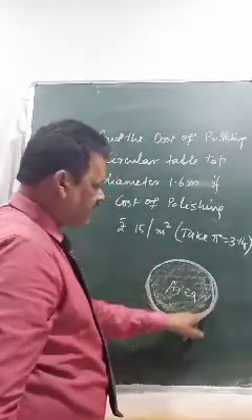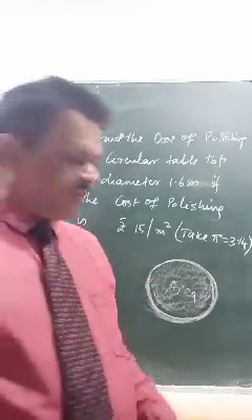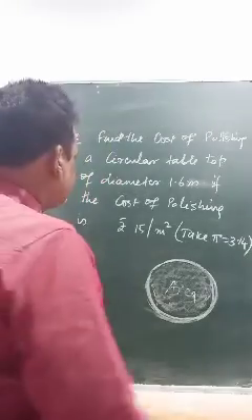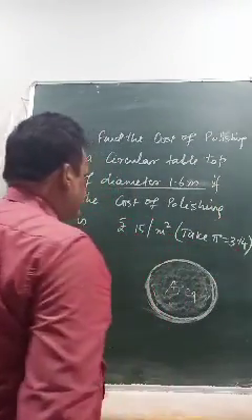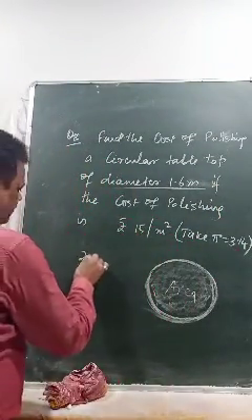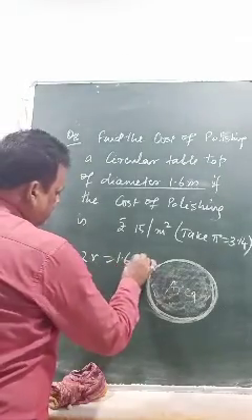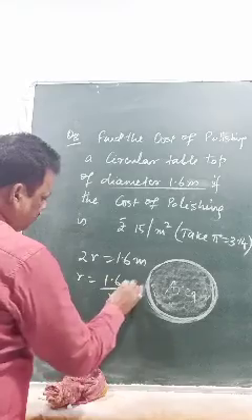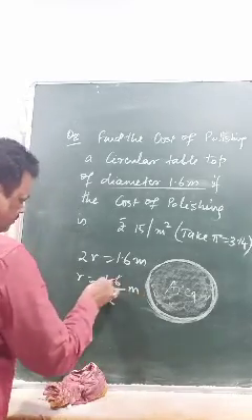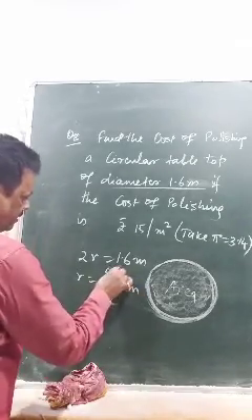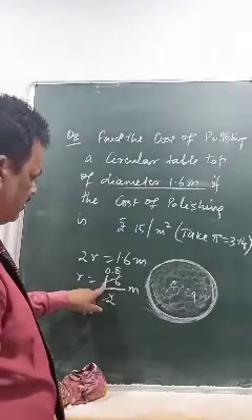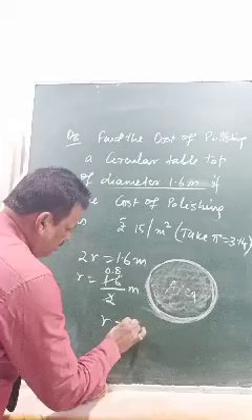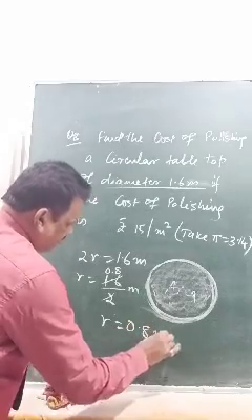That means you should find out the area of this table, then multiply by 15 rupees. So what is the radius? Diameter is given as 1.6 meter. So r is equal to 1.6 by 2 meter, which is 0.8. 2 8s are 16. r is equal to 0.8 meter.